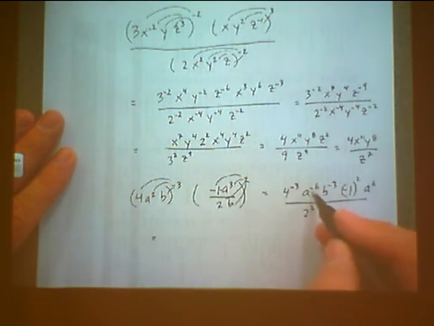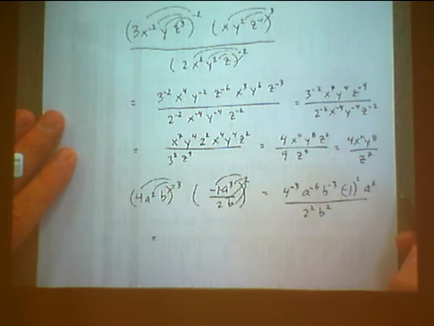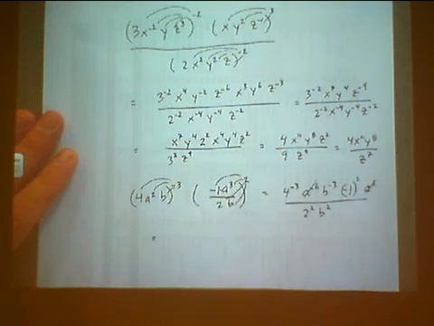I notice a to the minus 6 times a to the 6th, same base. You add the exponents. What's minus 6 plus 6? That's 0. You end up with a to the 0. A to the 0 is just 1. So actually, if I want to, I can almost just sort of cross these out, because in a sense they cancel out.